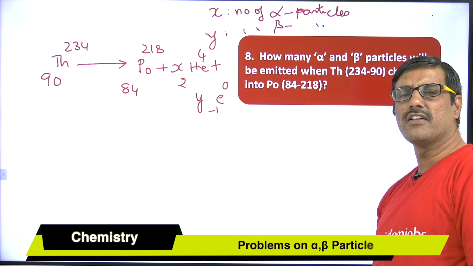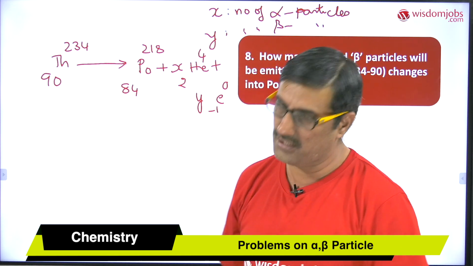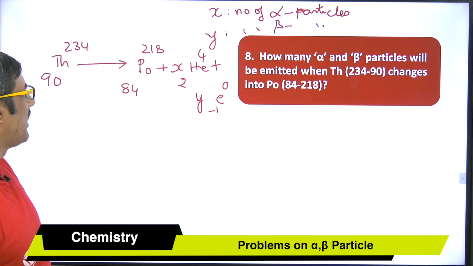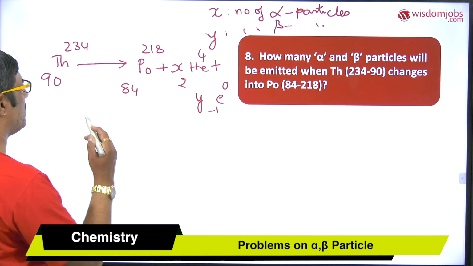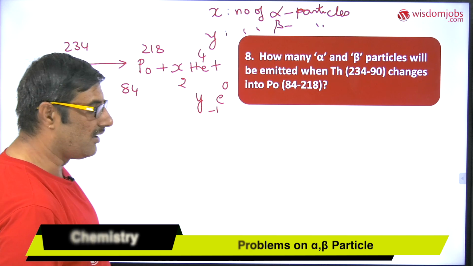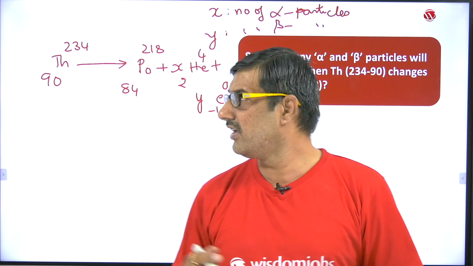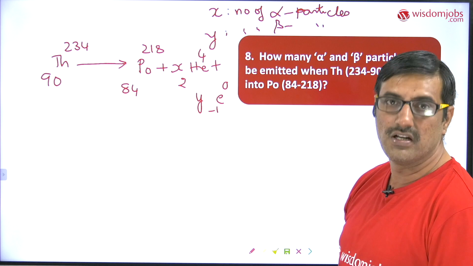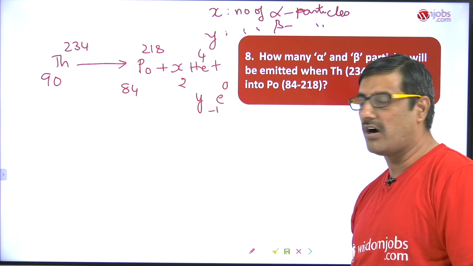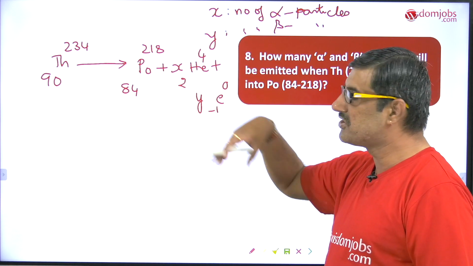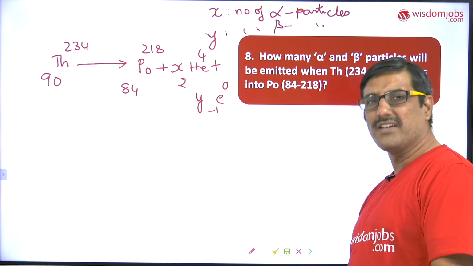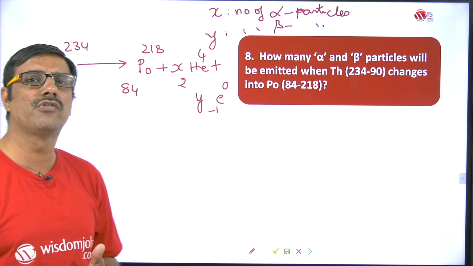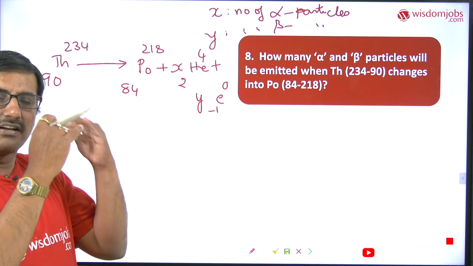Okay, now let us compare the mass numbers and atomic numbers on both sides. Why am I going for mass numbers comparison initially? Because here it is 0. The mass number of this electron, I mean the beta particle, is 0. So for that reason, it is easy to always compare the mass numbers initially to get the number of alpha particles. Once you get the alpha particle number, then substitute, then compare the atomic numbers to get the number of beta particles. That's generally the procedure.